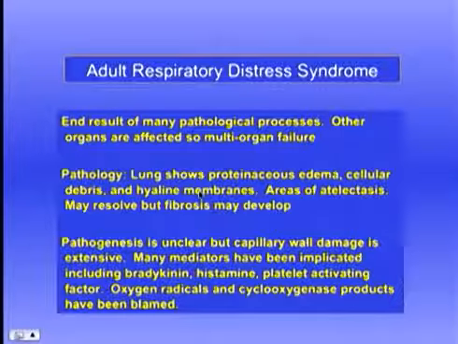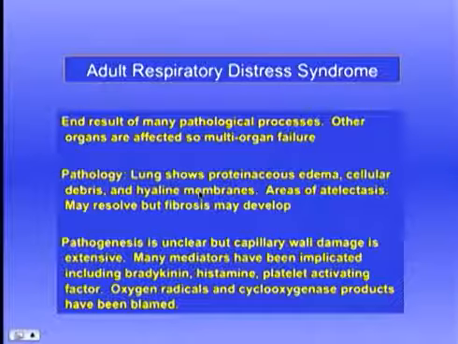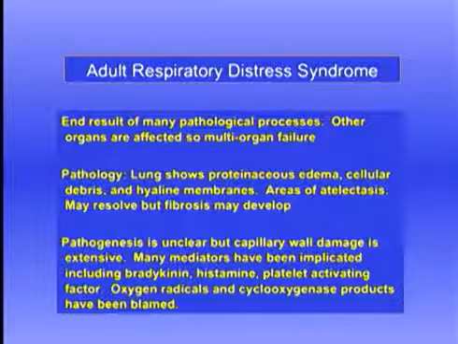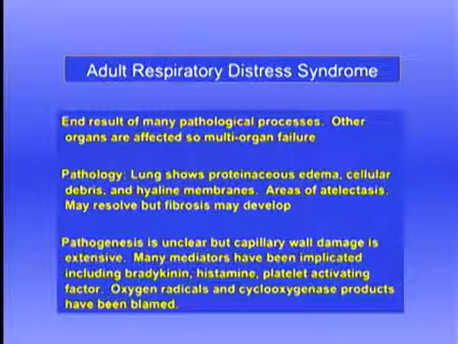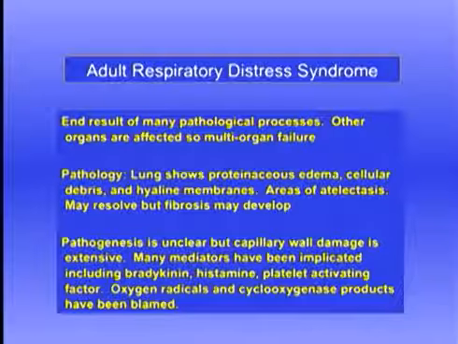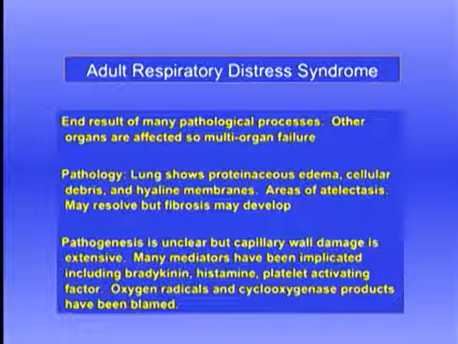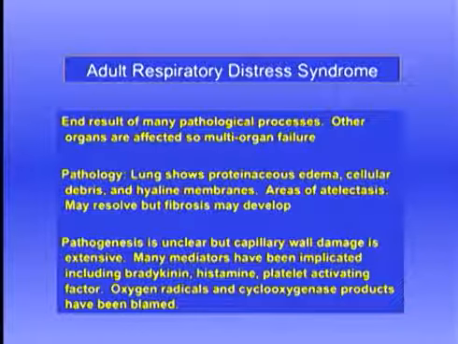Areas of atelectasis can be seen in the lung, and sometimes these will resolve eventually, but sometimes the patient is left with fibrosis. The pathogenesis is unclear, but the capillary wall damage is extensive, there's no doubt about that. Exactly why that occurs is still being worked on.